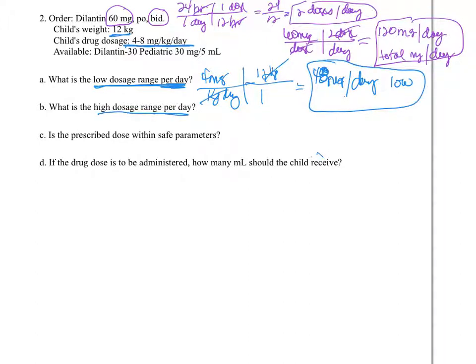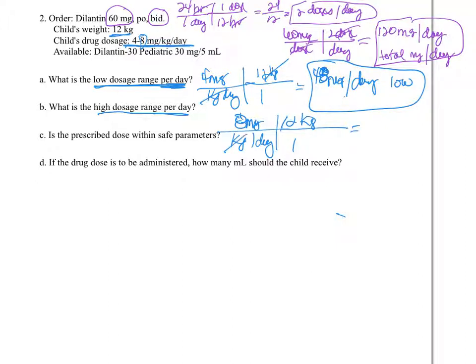So the next one is the high dose range. For this one, we see 8 milligrams per kilogram per day, right? So we're going to do 8 milligrams per kilogram per day, and we have 12 kilograms.